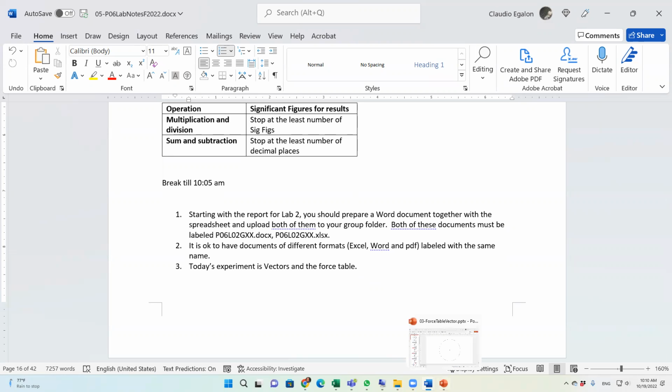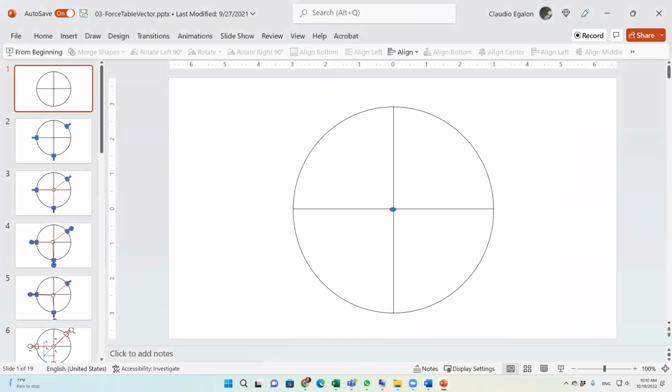Let me walk you through how the experiment is performed in real life. What we have in those experiments is a circular table graduated with the angles. It's what we call a force table.